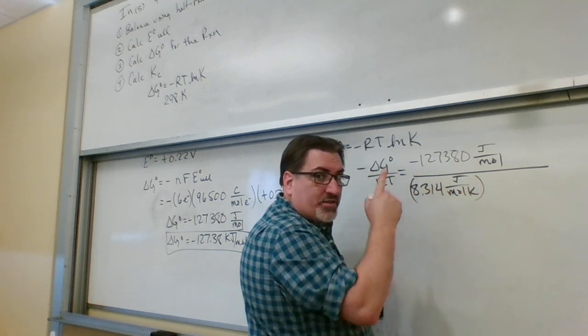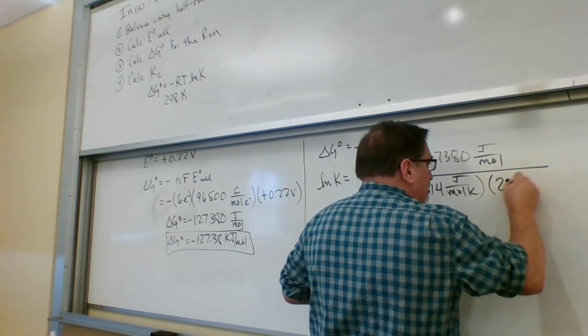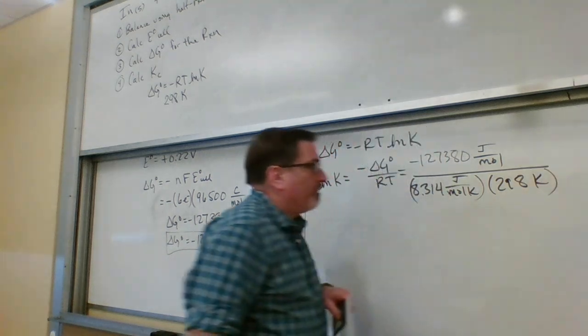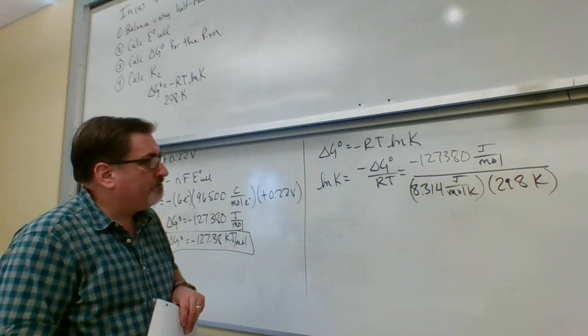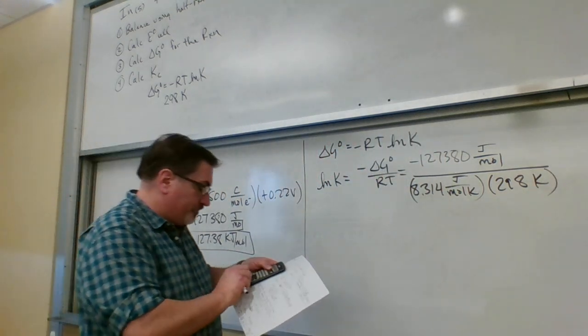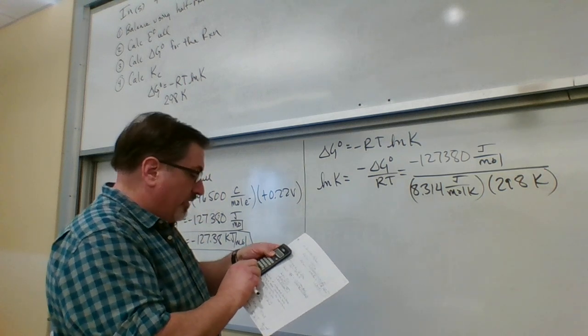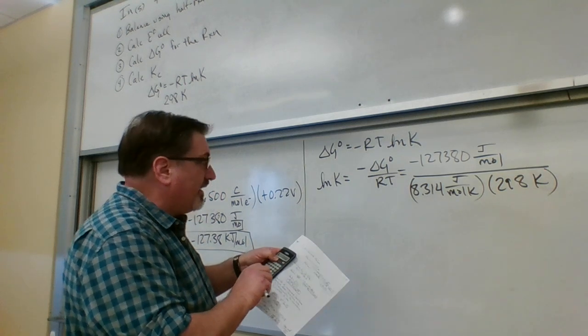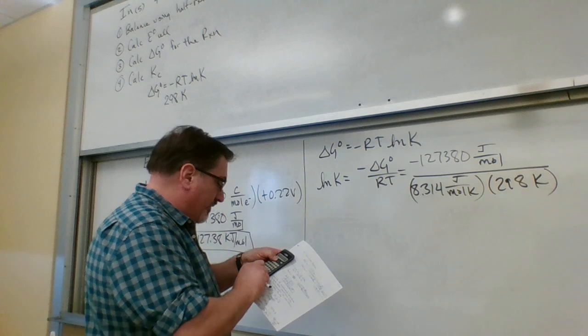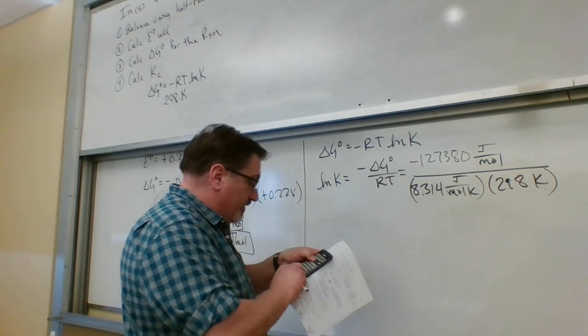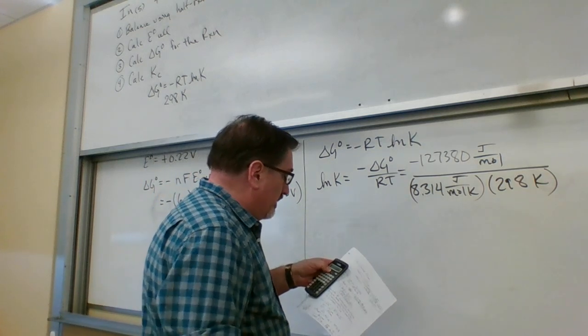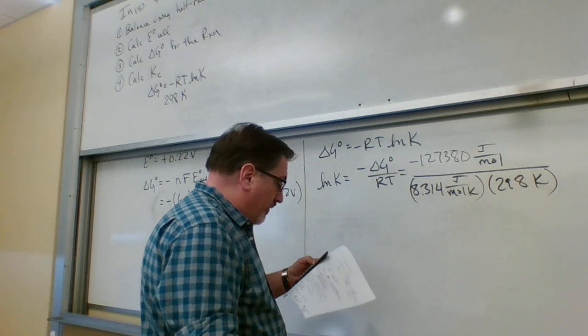And standard conditions, 298 K. So we plug those in. 127,380, flip the sign negative, divided by 8.314, divided by 298. I get minus 51.41.